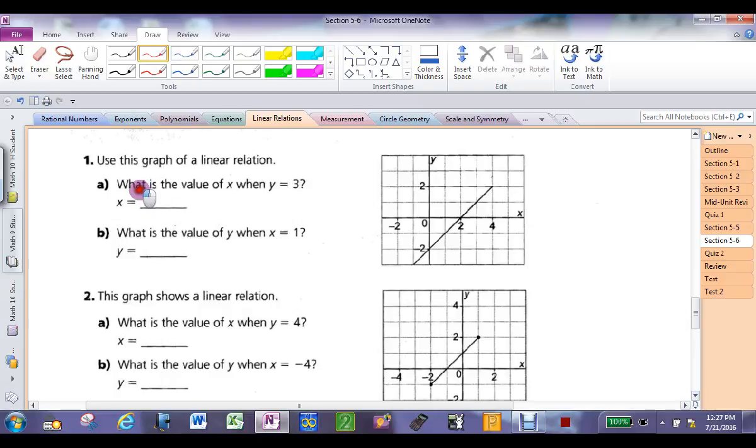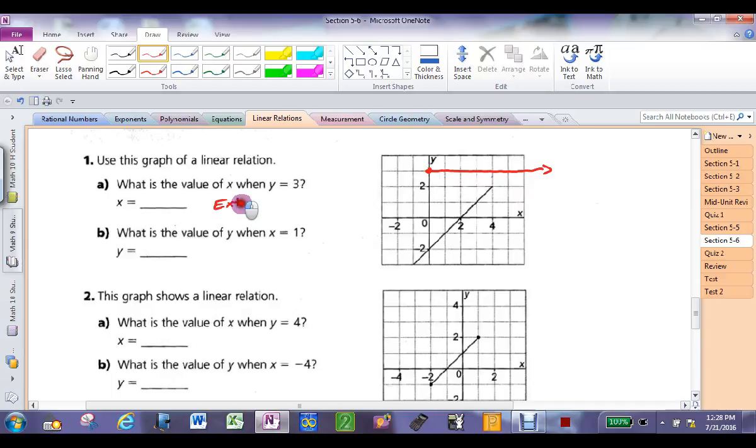What is the value of x when y equals 3? So which axis do I start on? Y. You have your number. I know the 3. I do not know the x. So I go up to 3, and I go out here, and what do I find? No line. So is this inter or extrapolation?